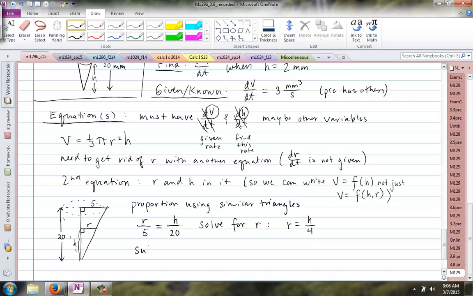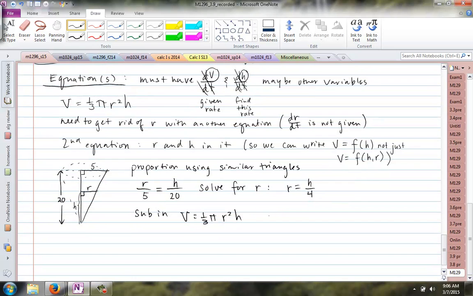So now we're going to sub in. We're going to put h over 4 in here, and you get 1/3 pi times h over 4 in parentheses squared times h.